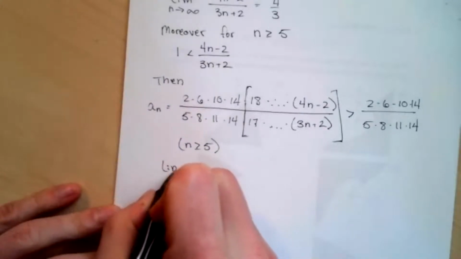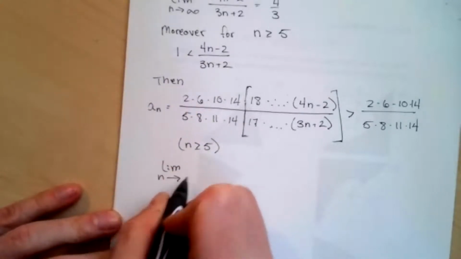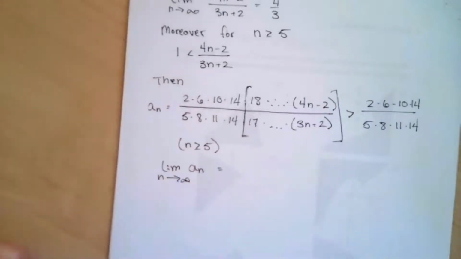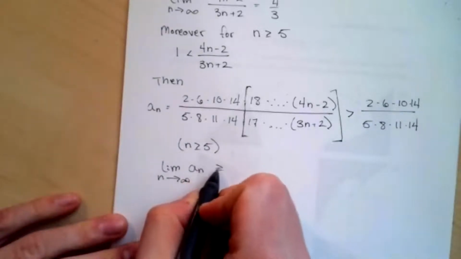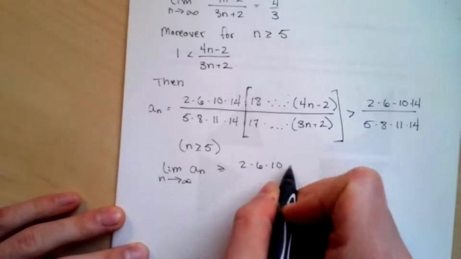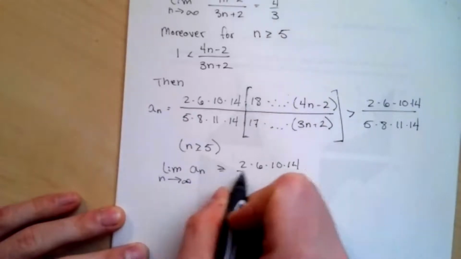Meaning, what's now going to happen as I take my limit as n goes to infinity of a_n? It's going to have to be bigger than this term.